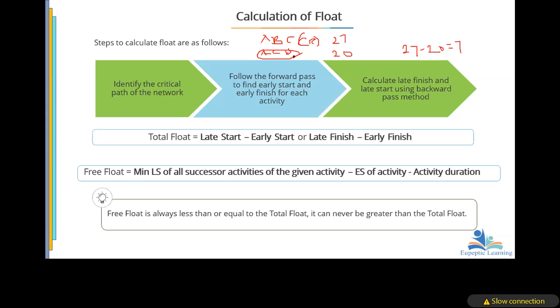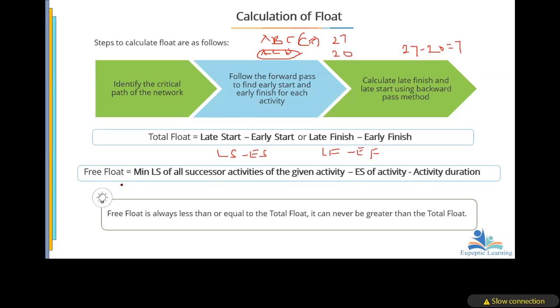So we can calculate the total float either from the LS minus ES, as we usually write it, or LF minus EF, or the duration of the critical path minus the path whose float we are looking for.